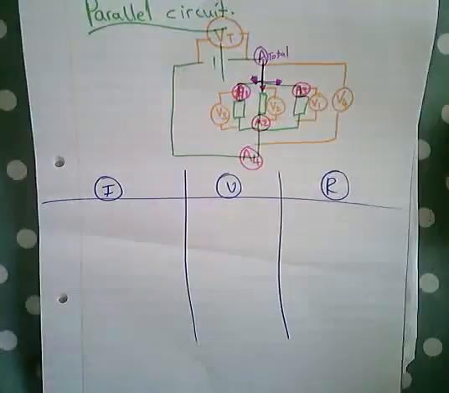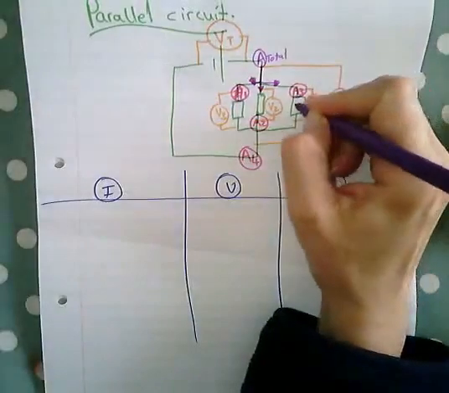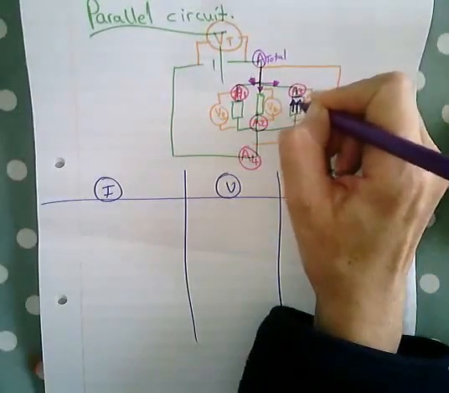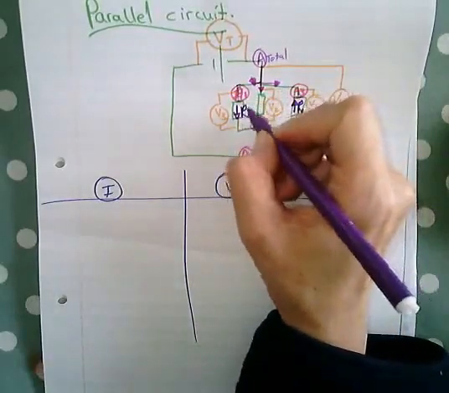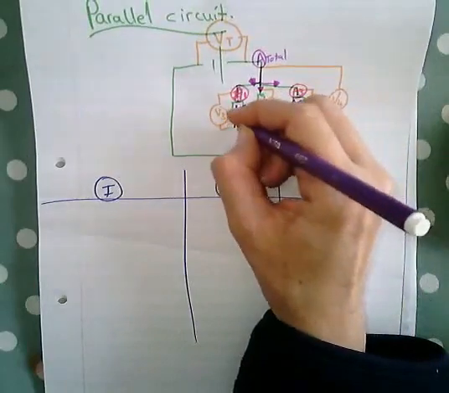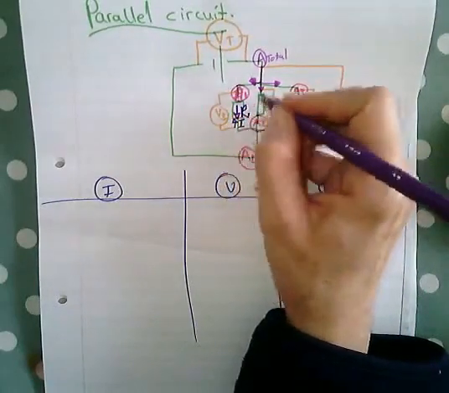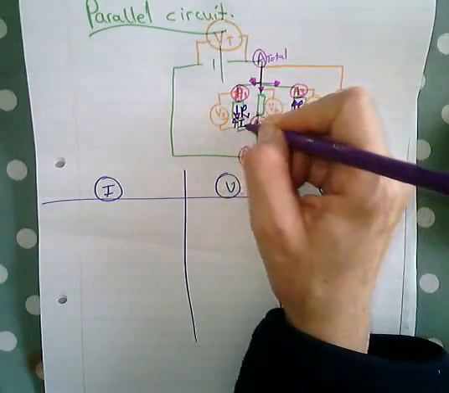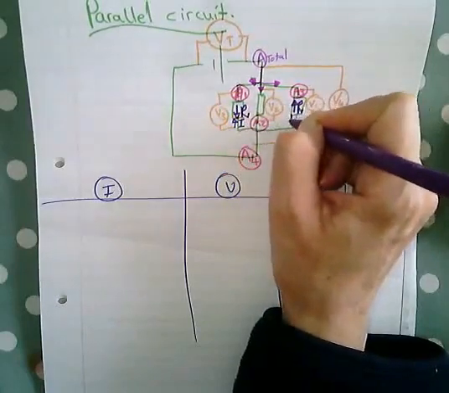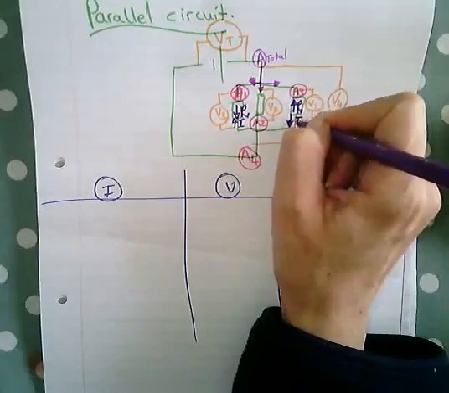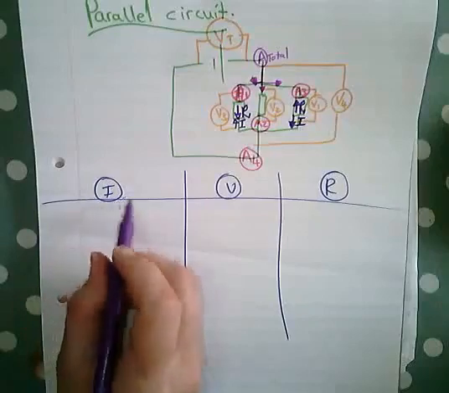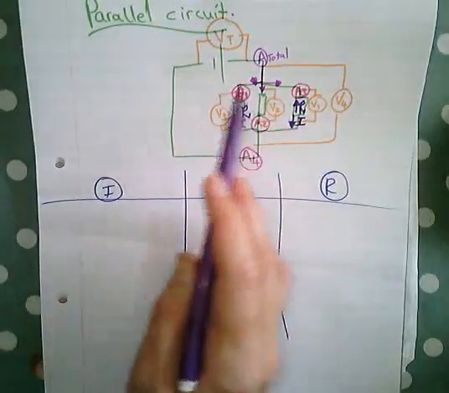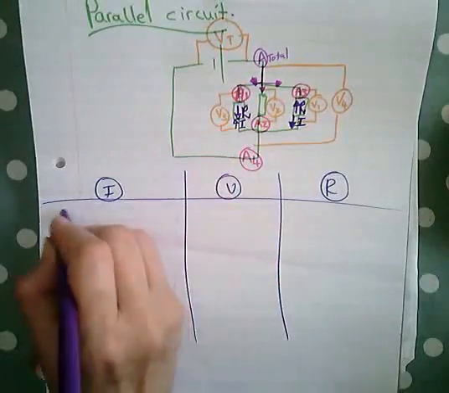So if we have a high resistance on this side and a low resistance on this side, then where we have the low resistance, we will have the higher part of that total current flowing through. And if we have a high resistance here, we'll have a low part of that total current there. So current in a parallel connection is inversely proportional to the resistance in that connection.